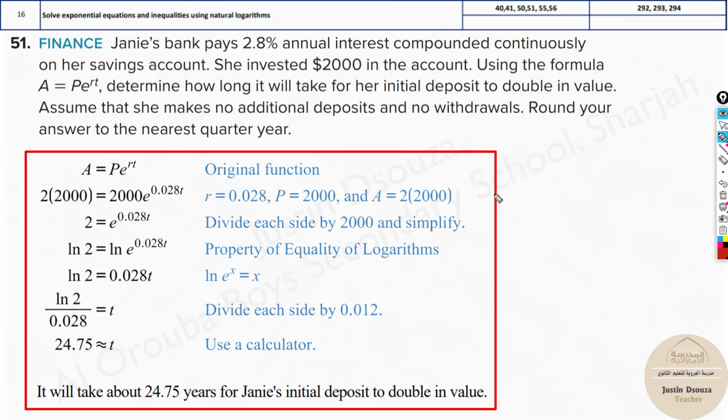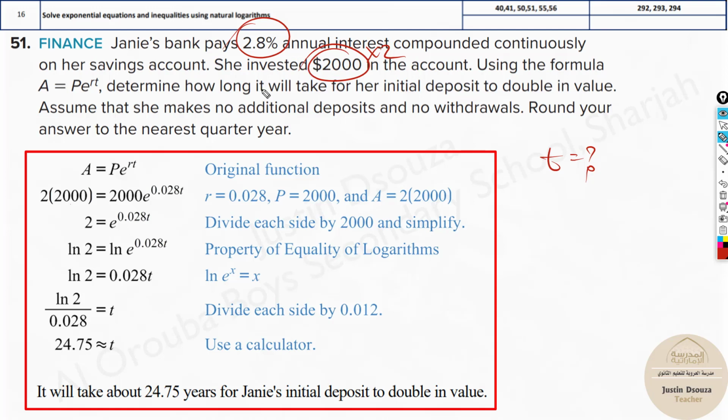The only thing is, here they have given you the principal amount P, R is given, time is unknown. They're asking what time it will take for the money she invested to be doubled. So you have to just write 2 times 2000.